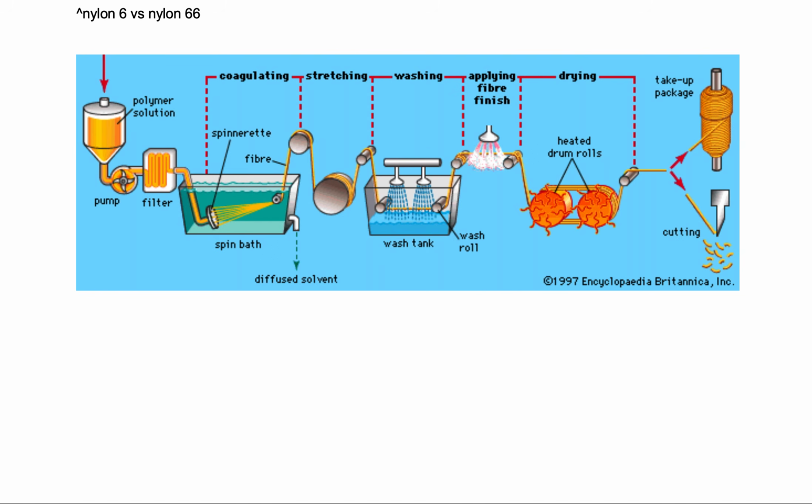Here's another diagram of the process for how these fibers are made, showing there's a lot of different variables, and potentially there's a lot of different places where different temperatures and pressures and chemicals and whatnot can be varied and make very different fibers at the end of the day.